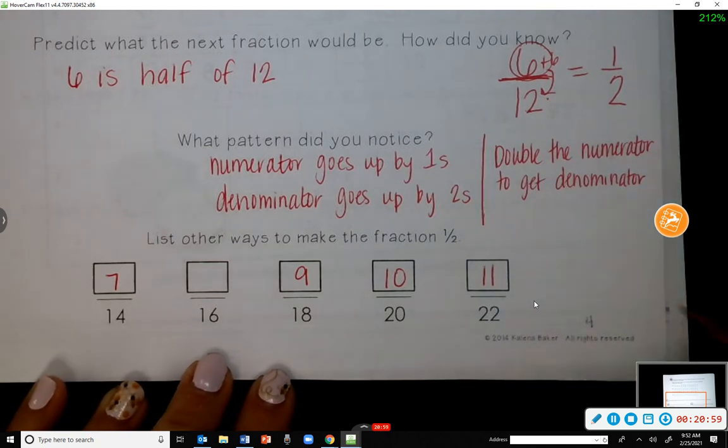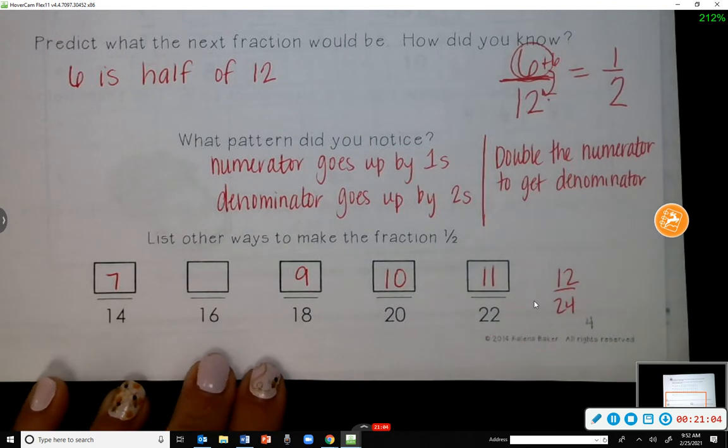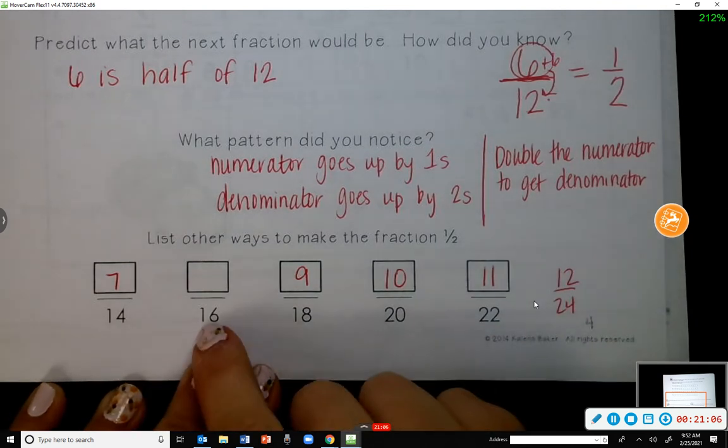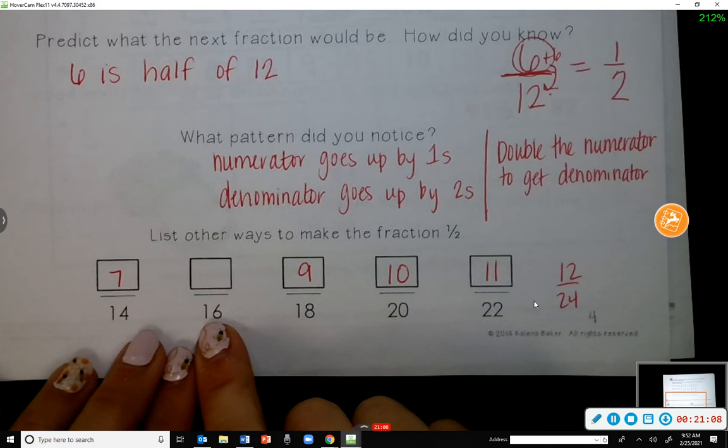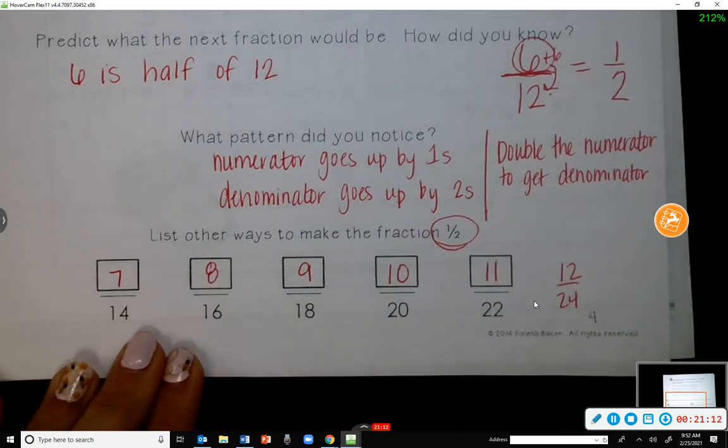So that would be 12/24. Okay. 16. What's half of 16? 8. So all of these are equal to 1/2.